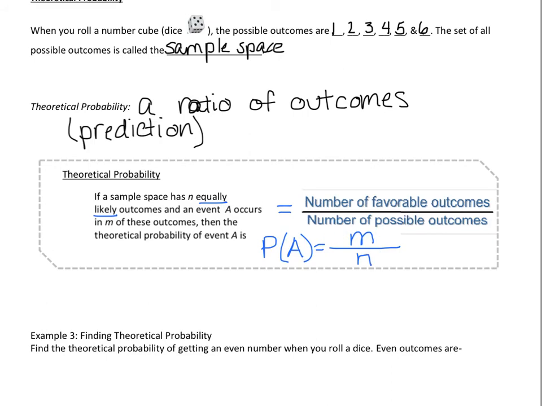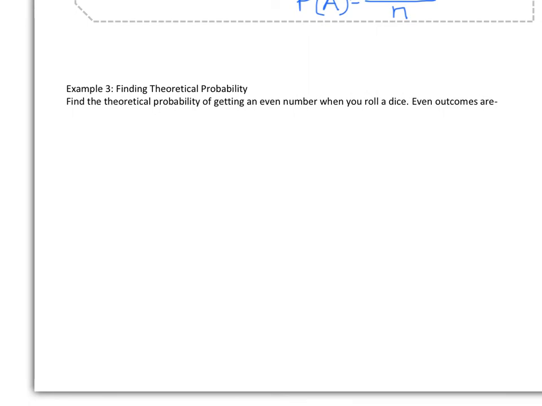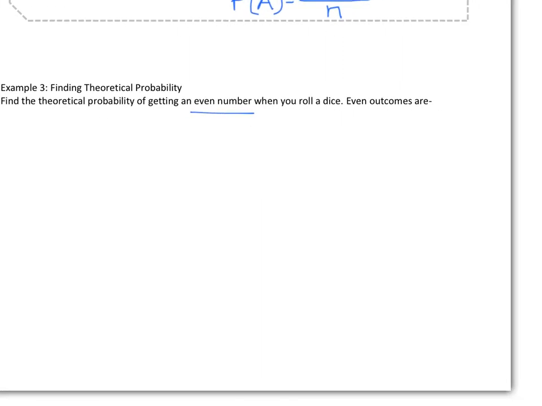So let's do an example, and then we'll be done with notes, and you can do your homework. Find the theoretical probability of getting an even number when you roll a dice. So what are our even outcomes? 2, 4, and 6. All right, those are what we want.